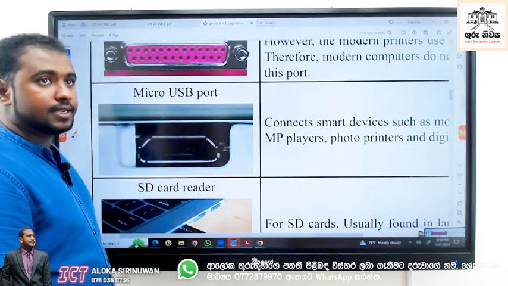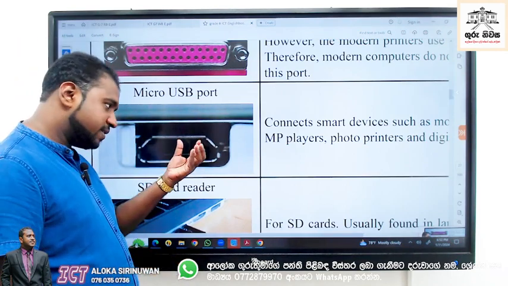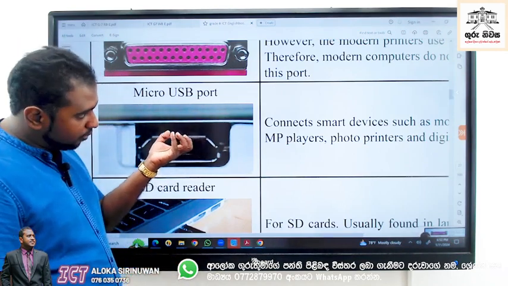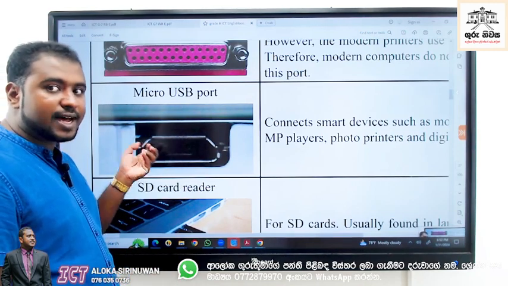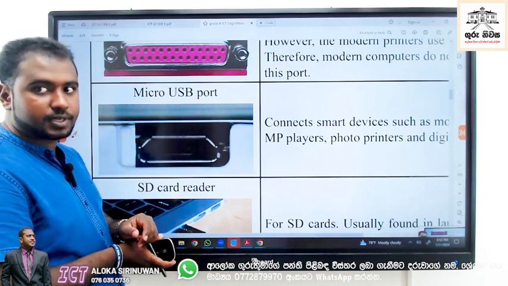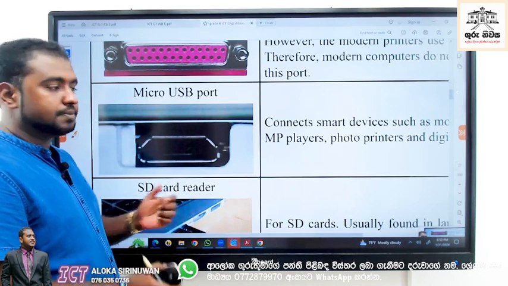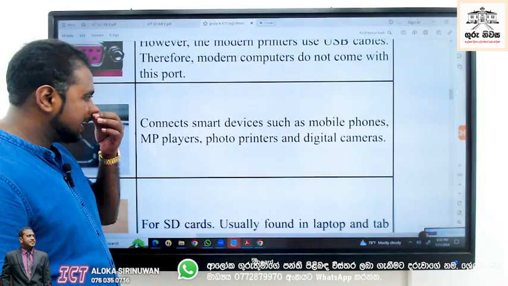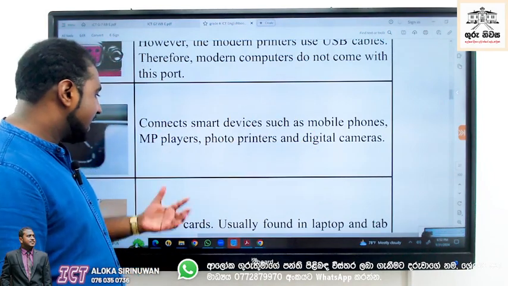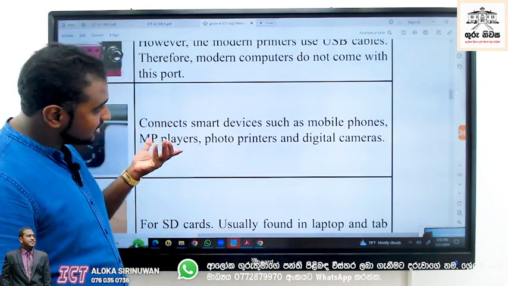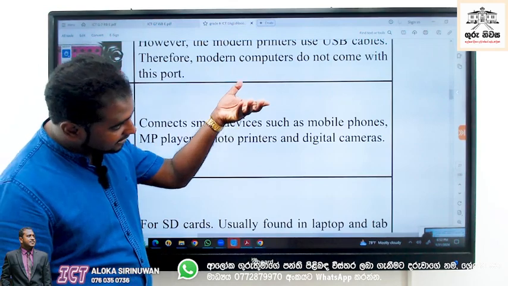This is the smallest version of the USB, especially used to charge your devices. It can be used to connect smart devices such as mobile phones, MP3 players, photo printers and digital cameras.